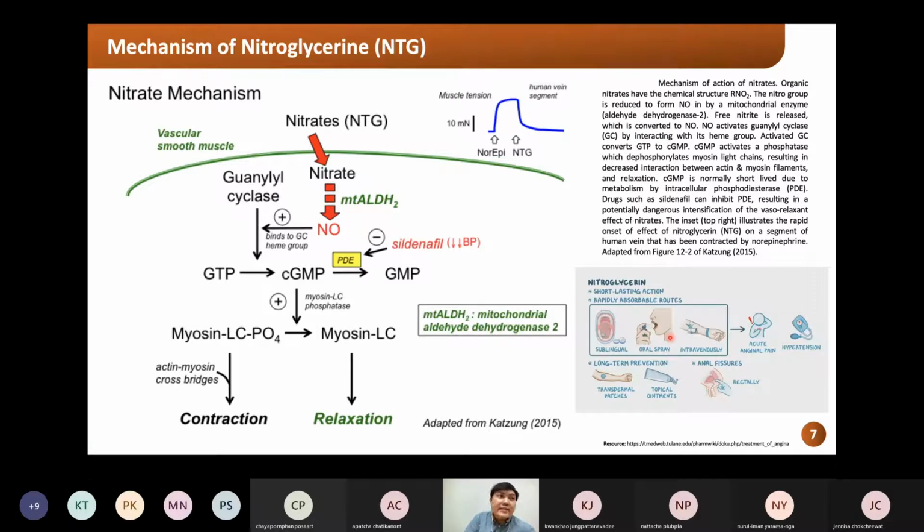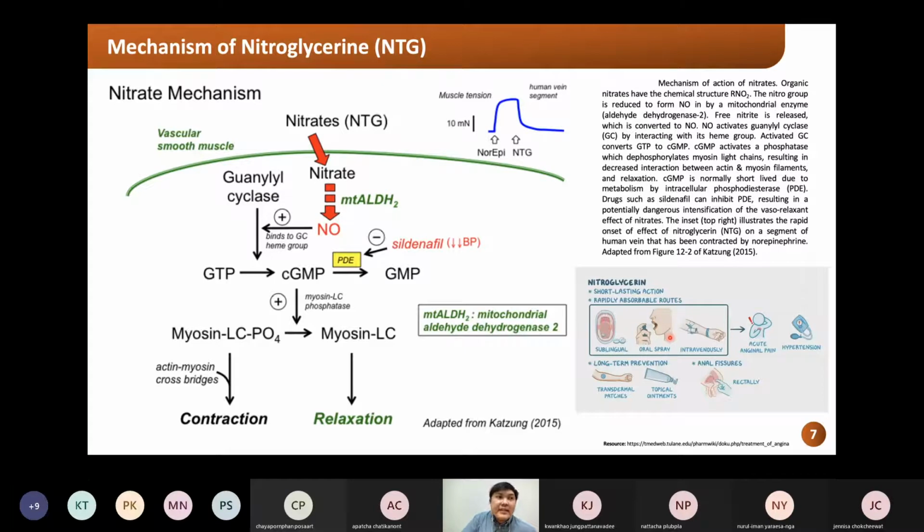Nitric oxide is a key substrate for controlling vascular tone. It makes the muscle relax by binding to the myosin light chain phosphatase. You don't have to remember this kind of name at all. I would just like to give you a brief idea, and I hope you understand NTG well.